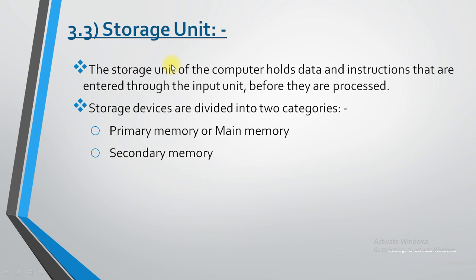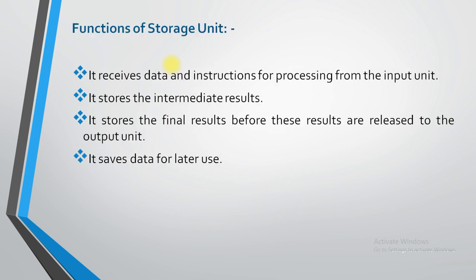And there are two types of storage devices, primary or main memory and secondary memory. The functions of the storage unit: it receives data and instructions for processing, and that data is coming from the input unit. After that it produces intermediate results.